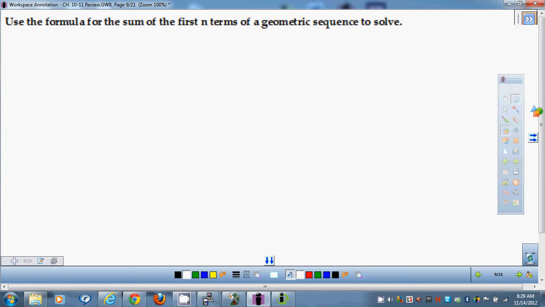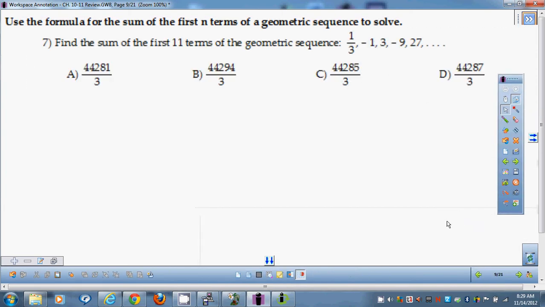But when did you use that S sub n formula? It was a series. It's going to give you a geometric sequence, and it's probably going to say something like find the first however many terms. It's asking you to find the sum, but it didn't tell you how many. So, find the sum of the first 11 terms of the geometric sequence given there.